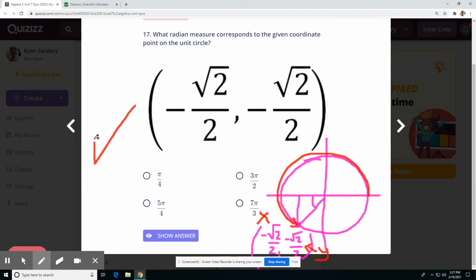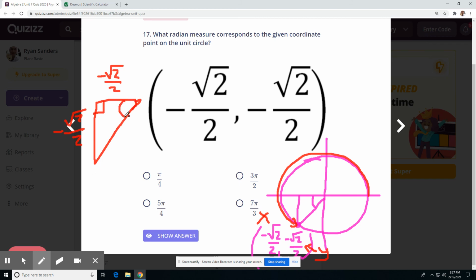It's hard for me not to just finish it off, but I'll try not to finish it off this time. The X is negative radical 2 over 2. The Y is negative radical 2 over 2. And then I would use the Pythagorean. Oh, no, we don't need it.